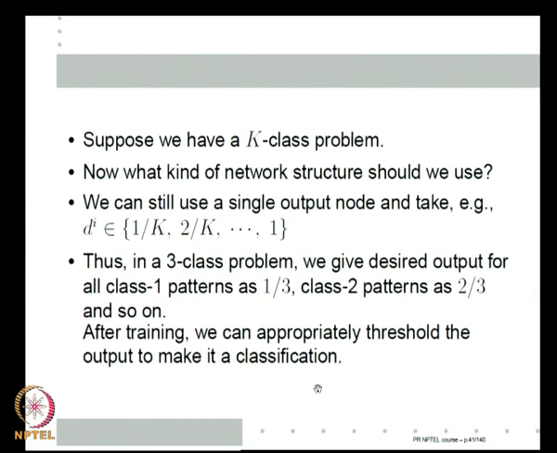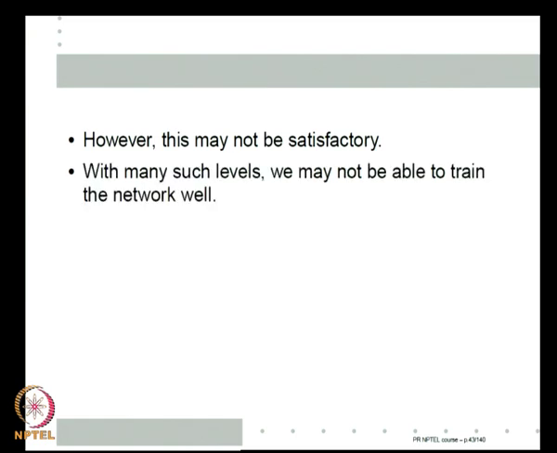So, after training, you can appropriately threshold the output to make a classification decision, but somehow this does not look very nice, right. This 1 by 3, 2 by 3 is very arbitrary, and if you have too many levels, it's not nice to expect the network to be able to do such fine distinction, right.